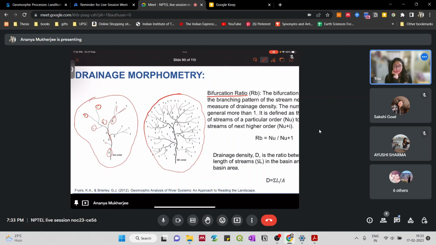So subsequently the bifurcation ratio is going to be lower than this, and if the bifurcation ratio of this is lower than this, that means this is less dense and this is more dense. So this is how drainage density is going to differ with respect to the bifurcation ratio, which is again dependent on the number of the different orders of the stream.